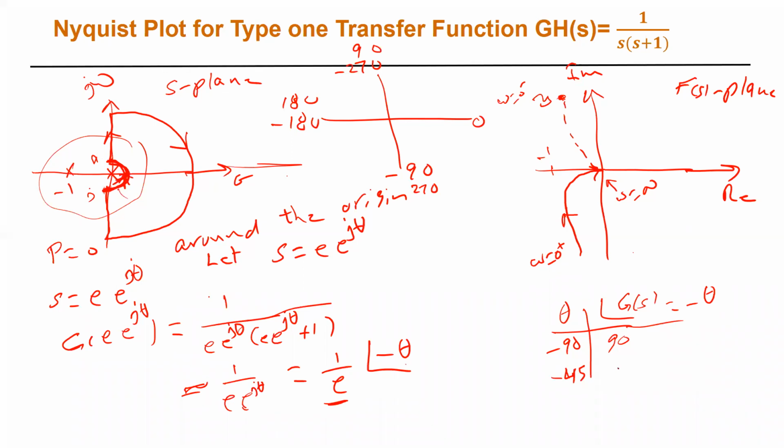What will be the phase of the system? 45. So this means that I am moving in this direction, with 45 in here and magnitude at infinity. Now, let me reach this point. What will be the angle? 0. So I'm moving here.